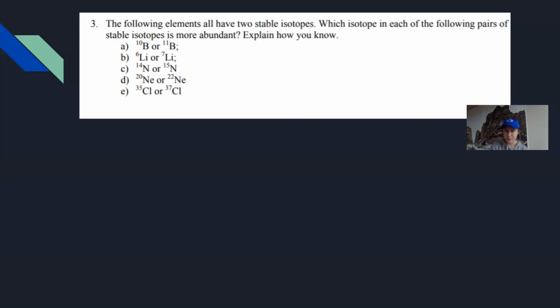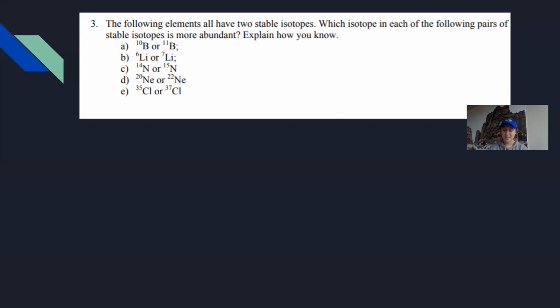You just do it the same way for all of them. So lithium on the periodic table is 6.94, which is way closer to 7 than 6. So lithium 7 is the more common stable isotope. Nitrogen is 14.01, so that 14 isotope is a lot more abundant.